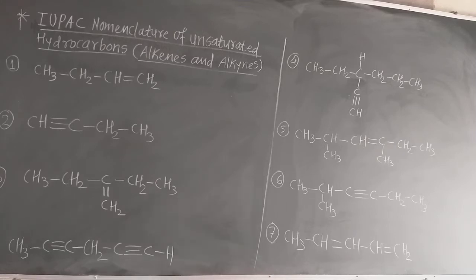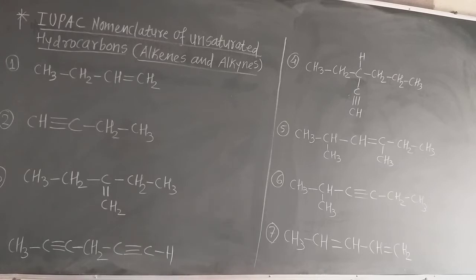And we know that in alkane we always number the carbon atom from that side which has the nearest substituent. That is the main condition. After selection of the long chain, how will we do the numbering? From that carbon which has the nearest substituent or branching, such as an alkyl group.